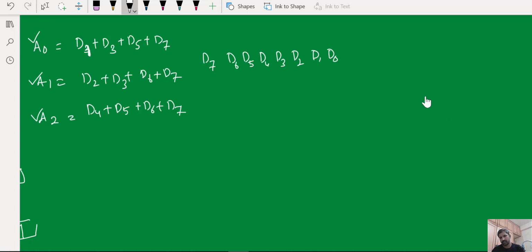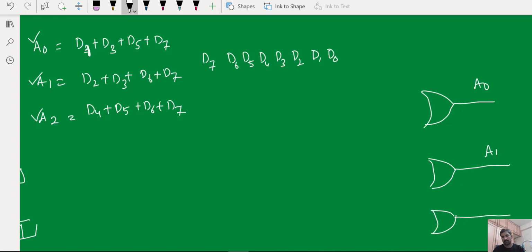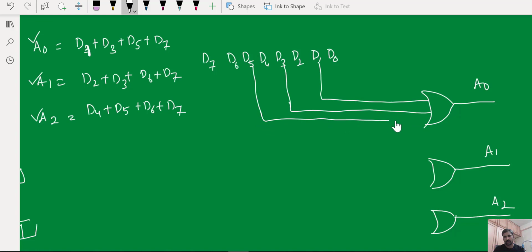So first I'll take the first OR gate. This is for A0. I'm going to take one more OR gate here. This is for A1 and one more OR gate here, and this is for A2. Now I'm going to connect 1, 3, 5 and 7.